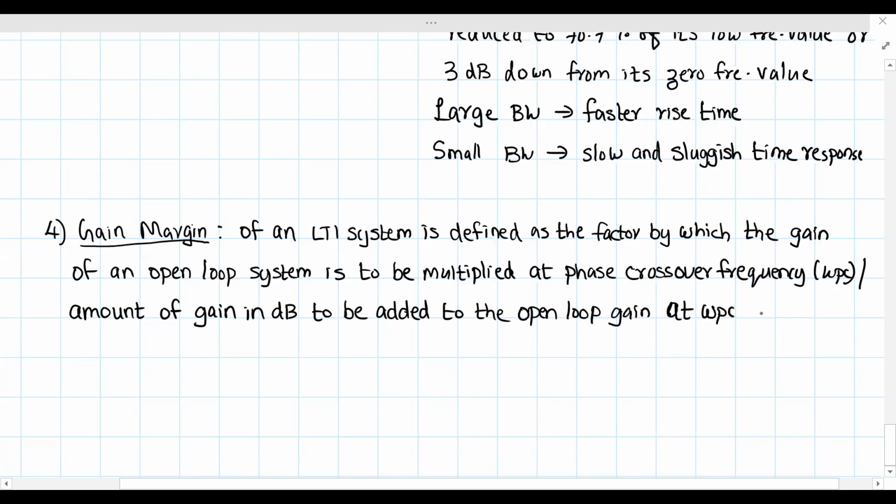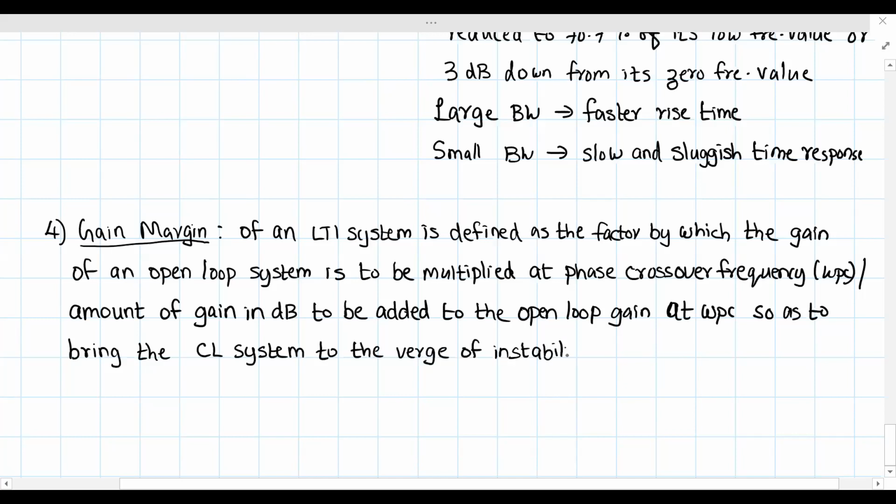so as to bring the closed loop system to the verge of instability. Okay, so physically it means how much gain you can add to an open loop system before the system is brought to the verge of instability.